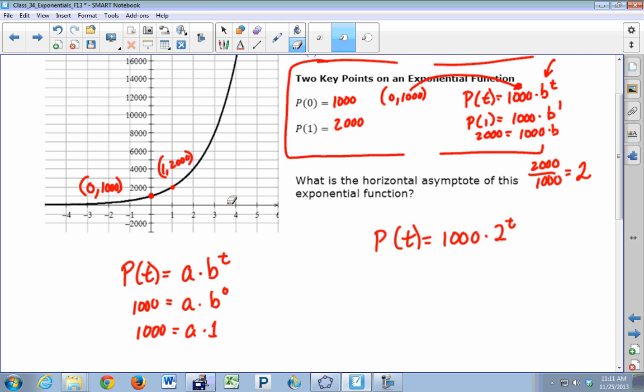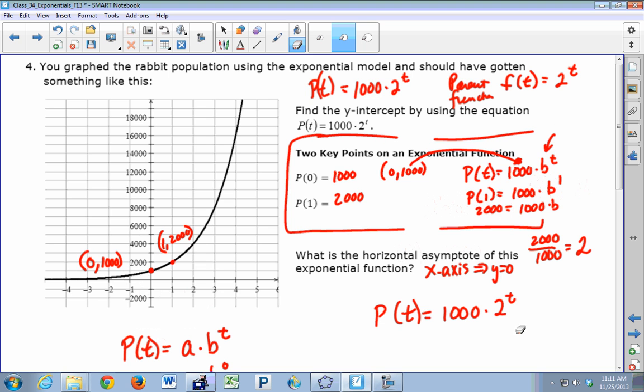So what's the horizontal asymptote here? What number are we approaching as t gets really, really small? 0. So we have the x-axis is the same. It's a horizontal asymptote, and we know that the equation for that is y equals 0. Okay, so in general, when you have an exponential function where the base of your exponential function is a number bigger than 1, as your x value or t value in this case approaches infinity, your graph rises very rapidly.